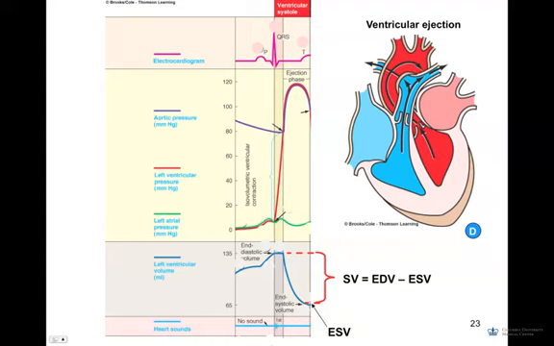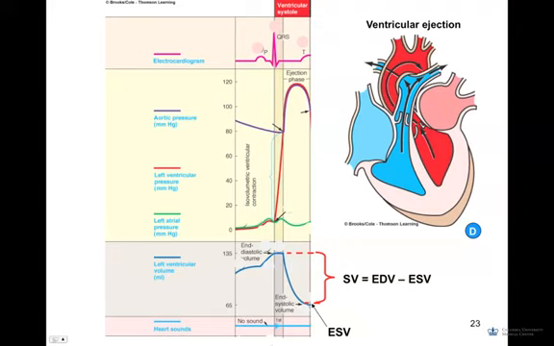So once we exceed the resting pressure in the aorta, we are ejecting blood that's coming from the left ventricle into the aorta. As the blood enters the aorta, it actually expands the aortic wall.